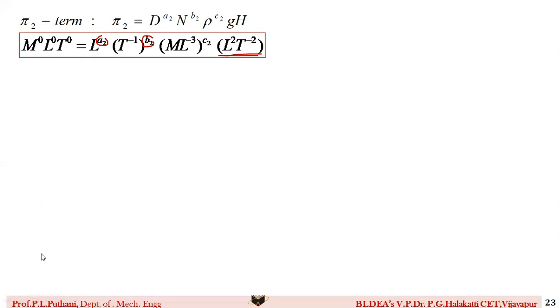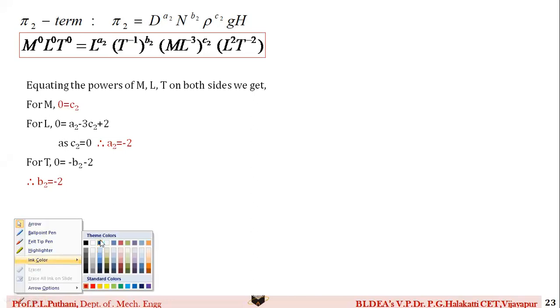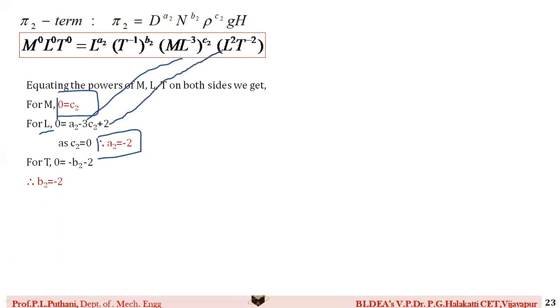Let us see here. I have written the things one by one here. So after equating M, we have got c2 is equal to 0. Similarly, equating L, we get a2 is equal to minus 2, because 0 is equal to a2, then minus 3 c2, which you can see here, and similarly the last term L square, it is plus 2.